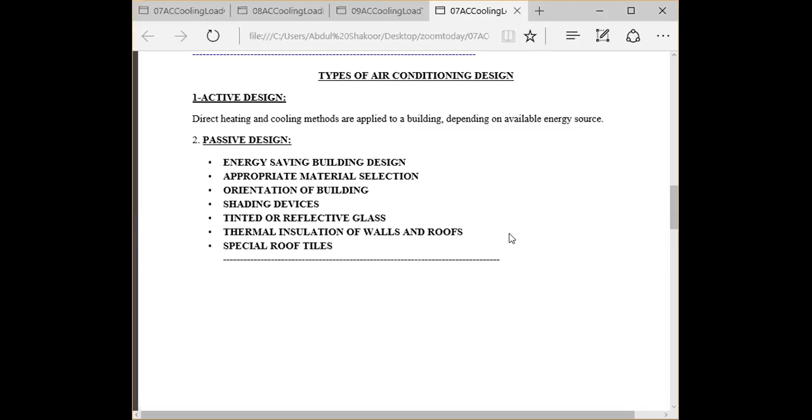And the other method is passive design. When you design a building as an engineer, as a civil engineer, as an architect, be it owner, be it designer, be it engineer, be it a contractor, be it a consultant, he must take these aspects into consideration. So building should be designed energy saving, or this is called green building.